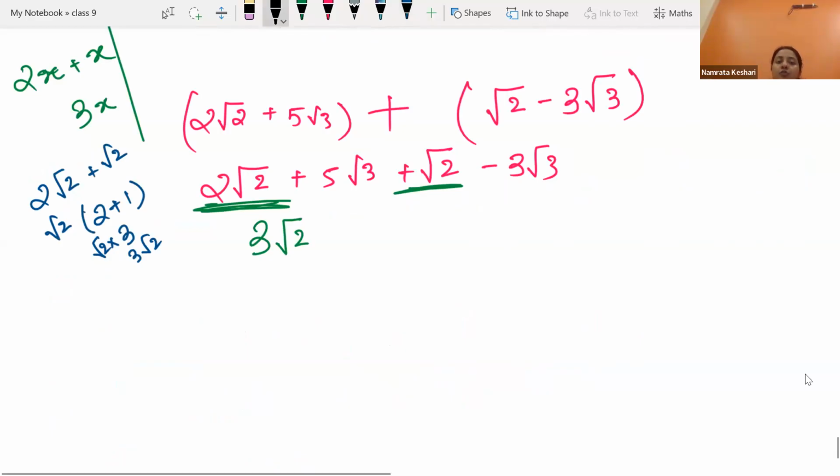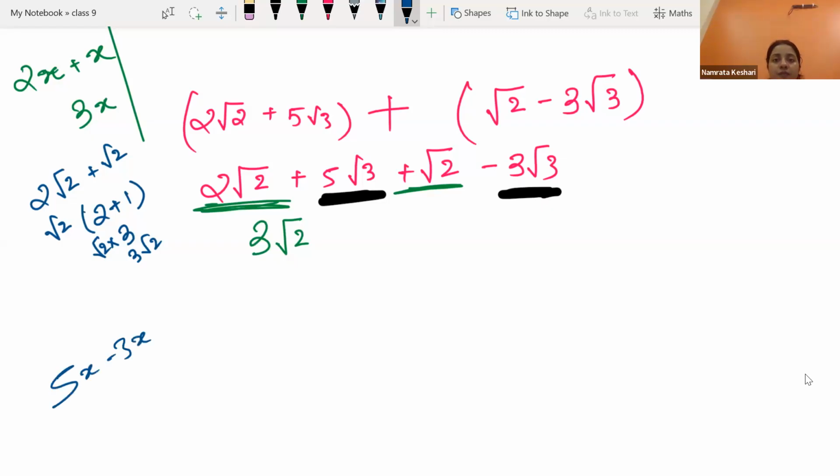Similarly, if I would ask you what will be the result of 5 root 3 minus 3 root 3? 5x minus 3x is going to be 2x. Similarly, 5 root 3 minus 3 root 3 is going to be 2 root 3.